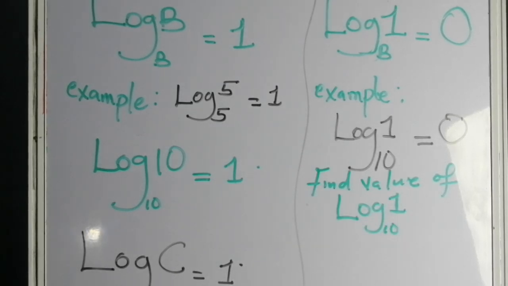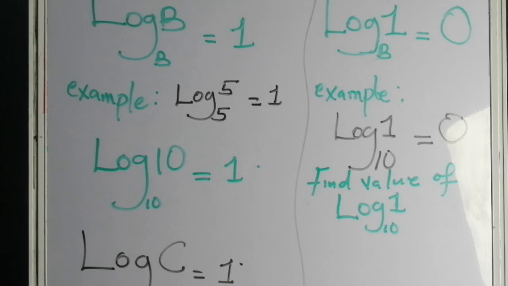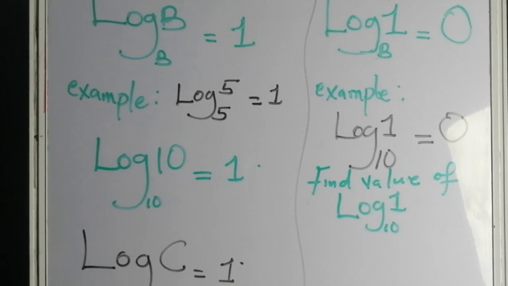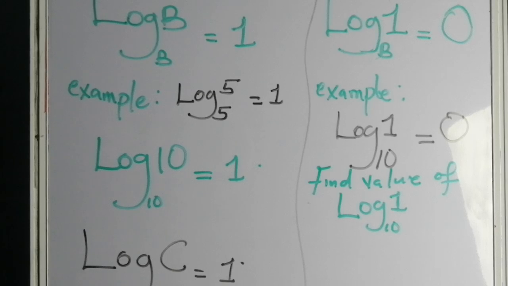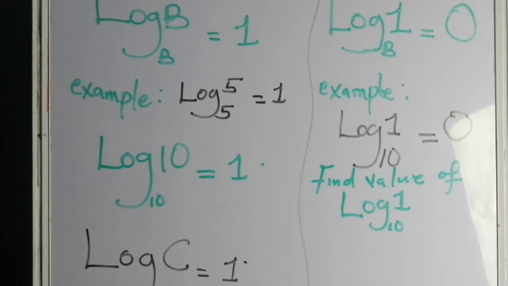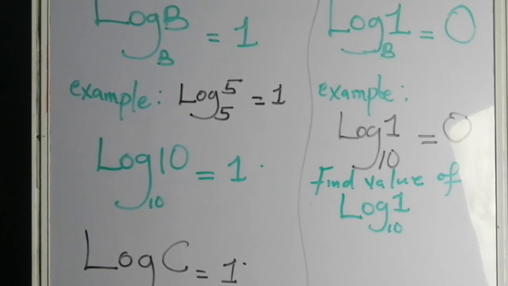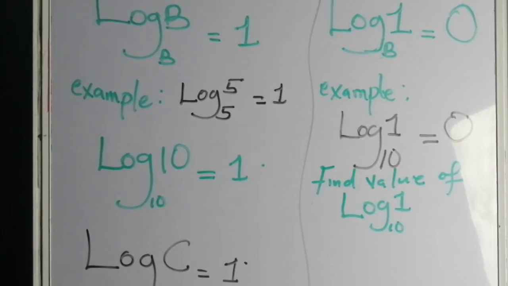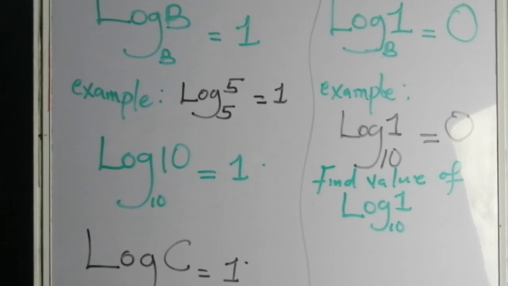Don't forget how I explained how you can solve value questions. The first thing you need to do is equate log 1 to base 10 to any alphabet, either A, B, C, any alphabet you want. You can pick maybe X, which is the common alphabet used in mathematics.